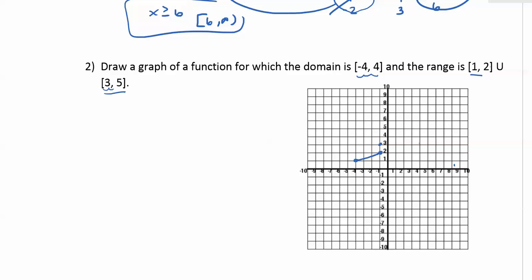So let's put another point over here at 4, 5, lock that in. And let's just connect. And you don't even have to do a straight line. You can make it kind of curve. Just make sure that you're not going to go beyond the restrictions on your height. So there's multiple things you could do to meet the restrictions for the domain and range for that graph.